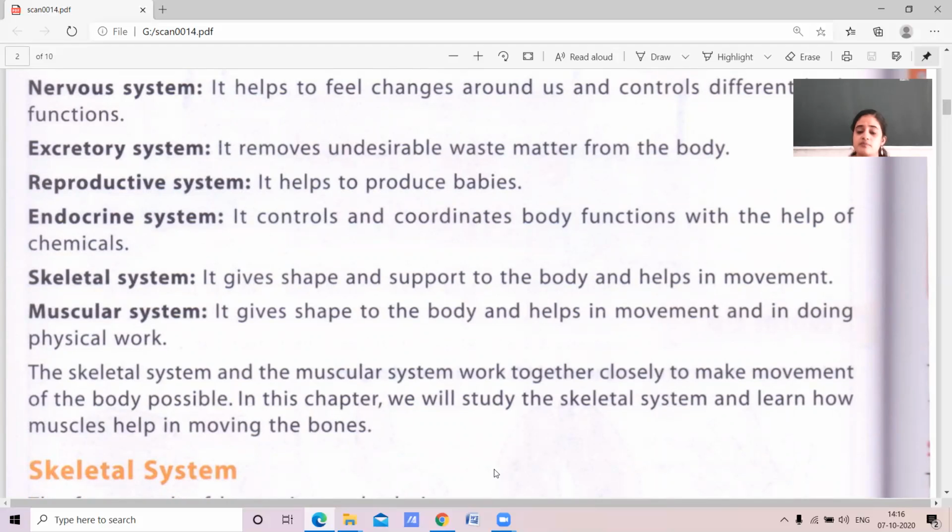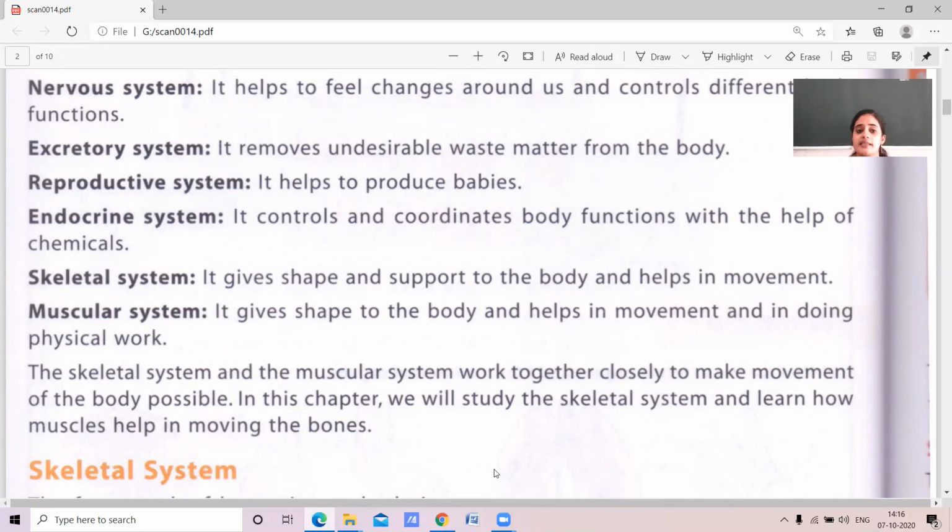The endocrine system controls and coordinates body functions with the help of certain chemicals released in our body, children. In our body, certain chemicals are released that help in controlling as well as coordinating our body.